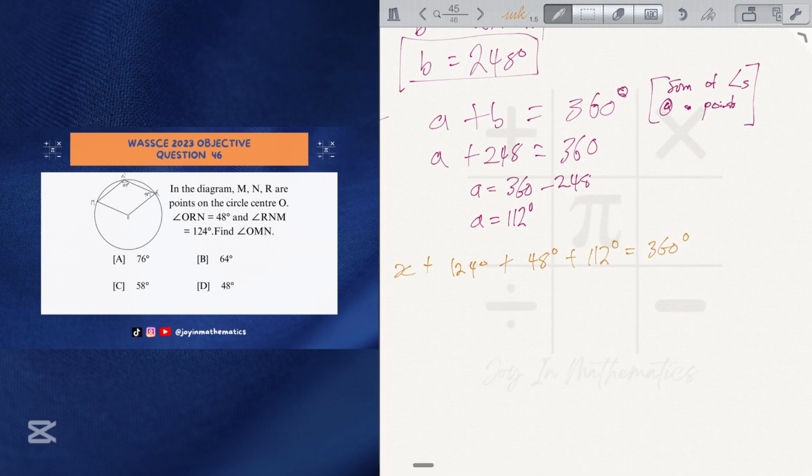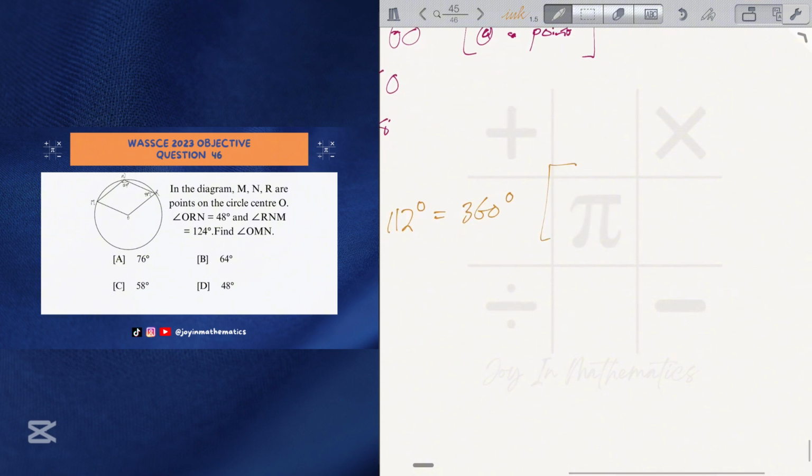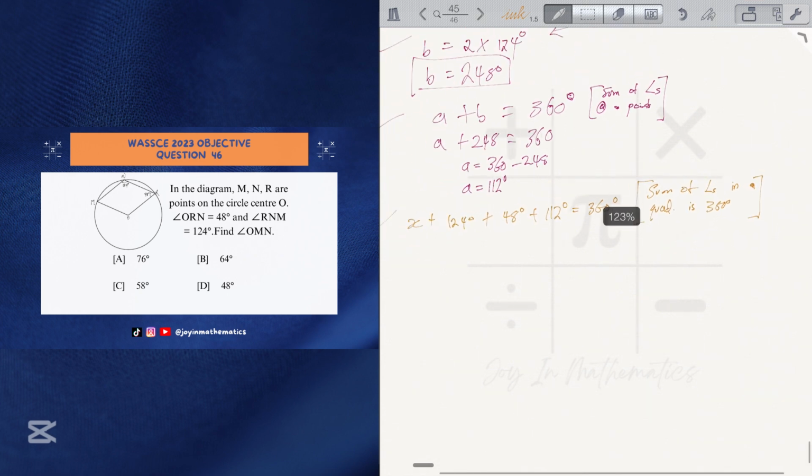The reason being the sum of angles in a quadrilateral is 360 degrees. A quadrilateral can be a square, a rectangle, a rhombus.